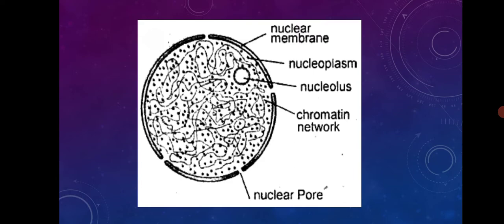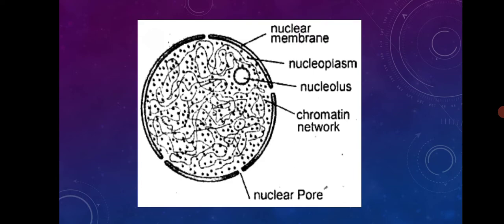Structure of the nucleus: the nucleus consists of the following structures: nuclear envelope, nucleoplasm, nucleolus, chromatin network. Nuclear envelope: the nucleus is surrounded by two lipoprotein membranes similar to the plasma membrane.